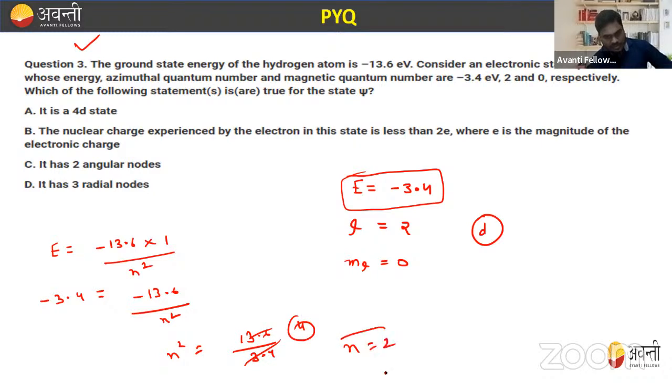So n is equal to 2. Right? So n comes out to be 2.